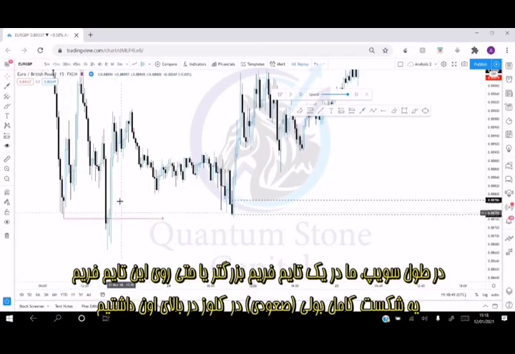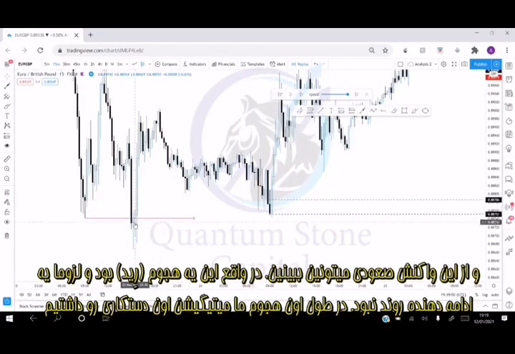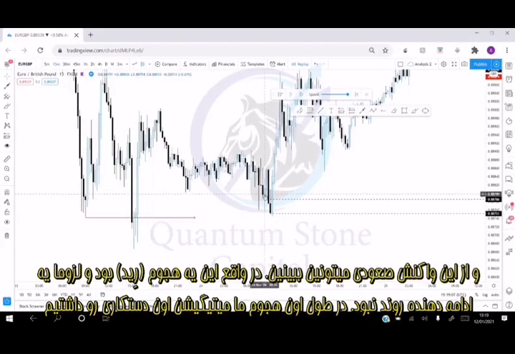Upon a sweep, we had, on a bigger time frame or even on this time frame, a body failure to close above, and you can see from the bullish reaction, this was in fact a raid, not necessarily a trend continuation. Upon that raid, we've had that mitigation of that manipulation.